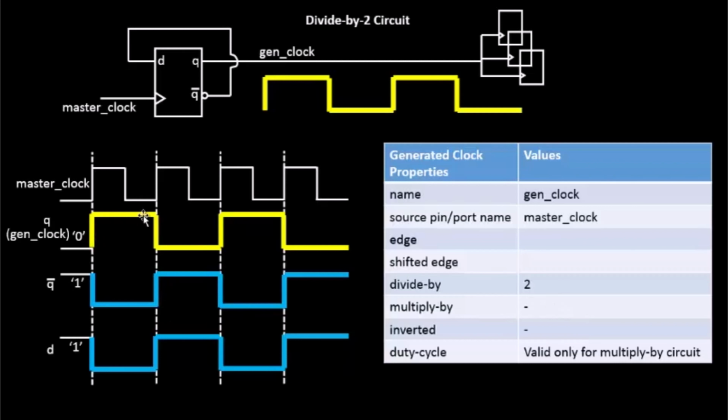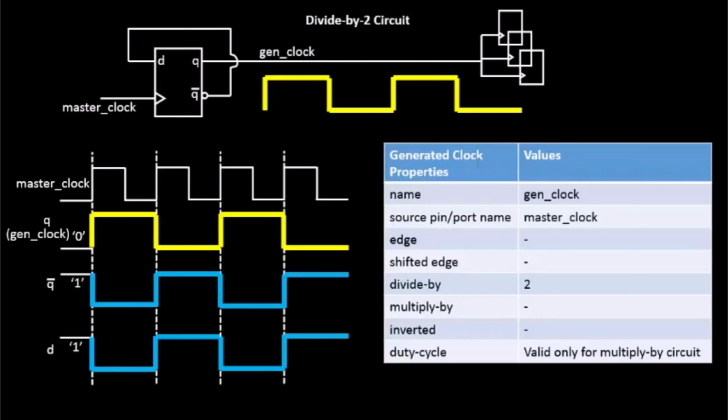And this waveform is not an inverted waveform, it's a straight waveform. So again you put a dash over here. And there are 2 more options, which are edge and shifted edge. I'll be talking about edge and shifted edge waveforms in later videos. So for this particular video, let's keep it as dash.